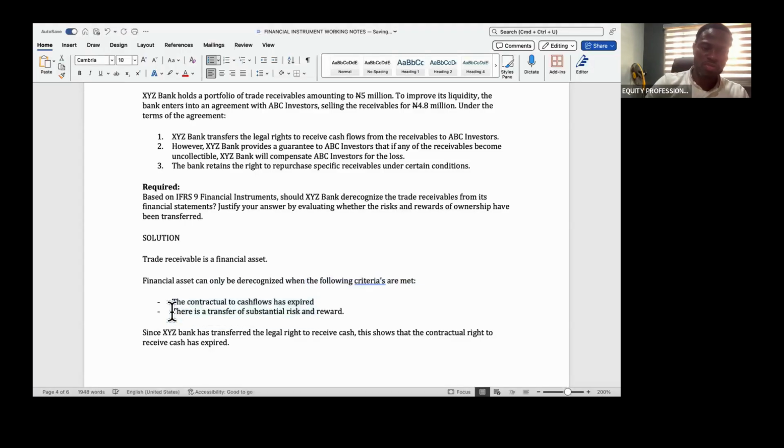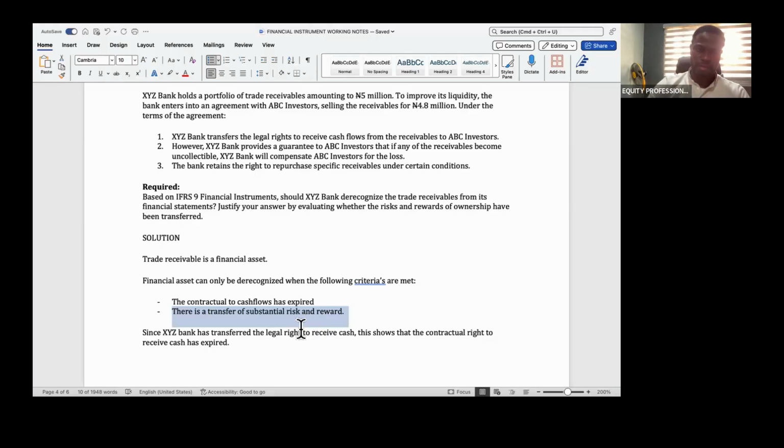But we need to also meet the condition where there is a transfer of substantial risk and reward. We have to meet those two. And I told you that there is a transfer of substantial risk and reward where there is an unconditional sale of financial assets, or where there is a sale of financial assets but there is an option to repurchase at fair value.